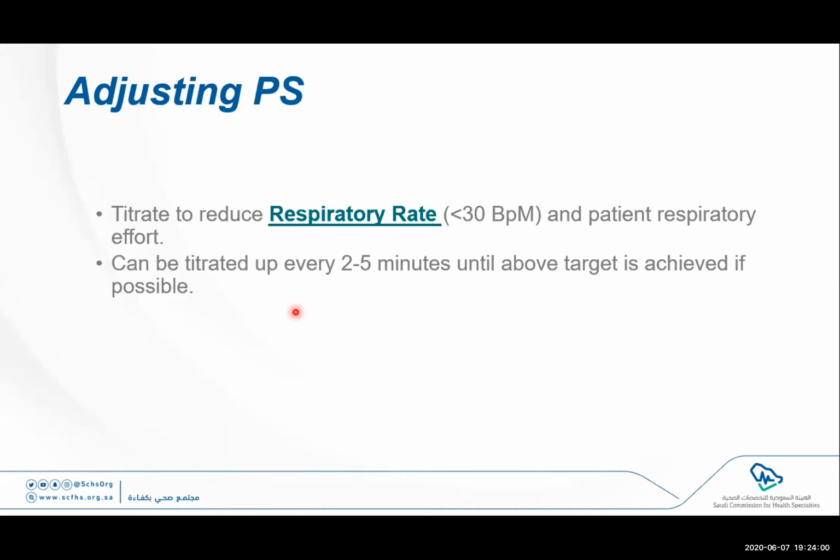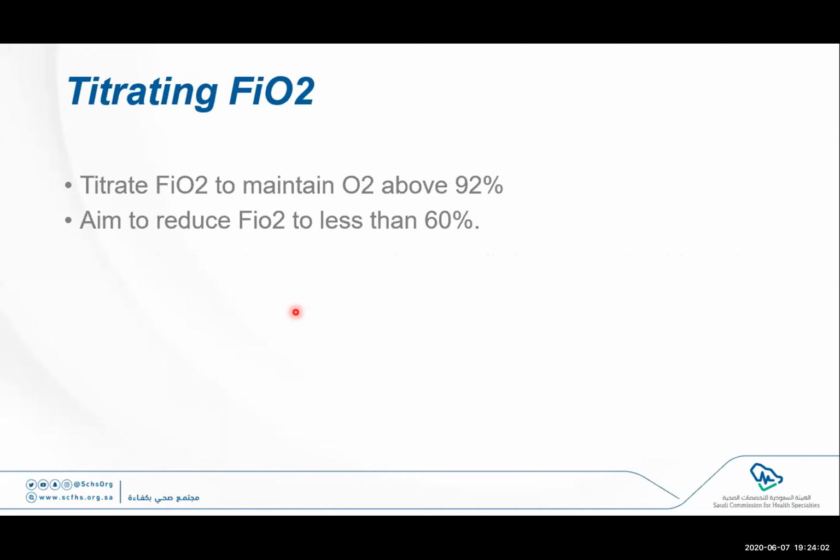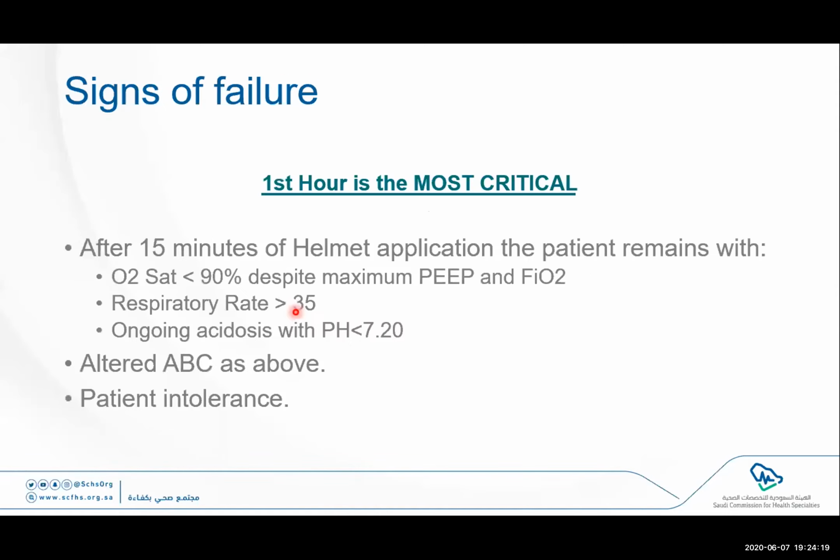Now the FiO2, also the target when we start the helmet, we should reach 60%. We are not in a rush to use it; once you reach the 60%, this is our target with the helmet. You can tell that the helmet gives you the benefit. That's why the first hour is very, very important for monitoring these patients to tell if your patient is getting the benefit of the helmet or not.